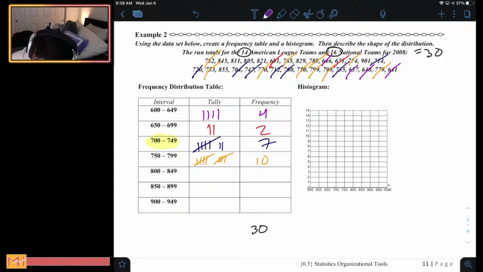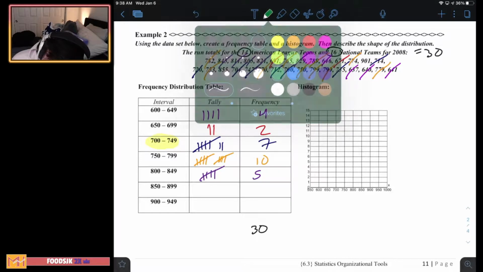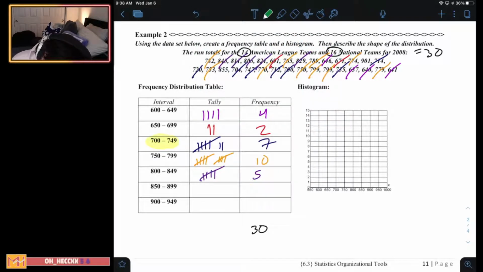Switch color again. 800 to 849. If you don't have me on 2 times speed, you really should. 1, 2, 3, 4, 5. This looks like 5. 850 to 899. We're so close. 1. Just 1.